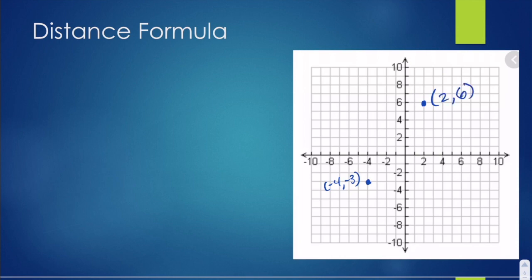Meaning I want to know how far it is between this point and this point right here. Okay? So that's what we're going to do, and we're going to use the distance formula. But before we do that, let me develop it for you.